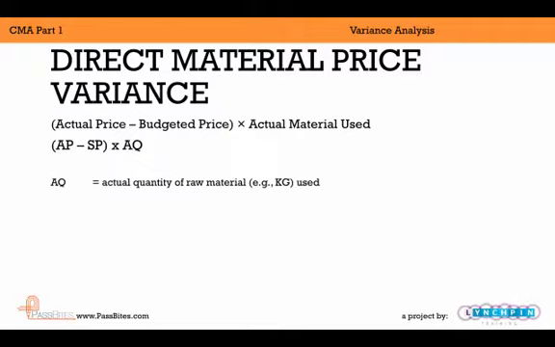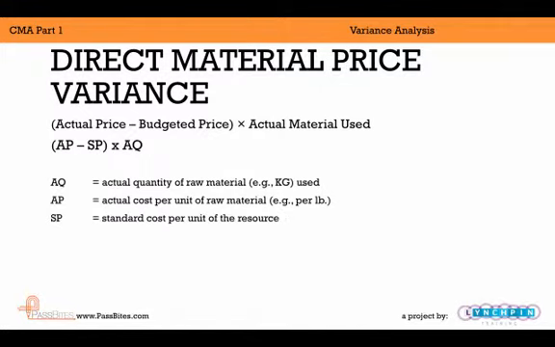Students usually get confused between actual quantity of finished goods and actual quantity of raw material. Here in the variances, we are taking actual quantities of raw material used in production, and AP is actual cost per unit of raw material. SP is the budgeted or the standard cost of units of raw material.